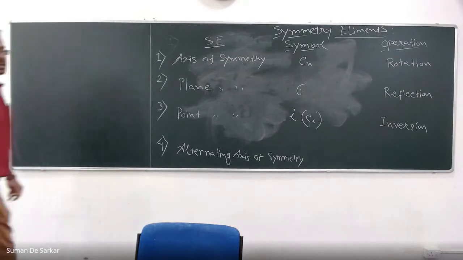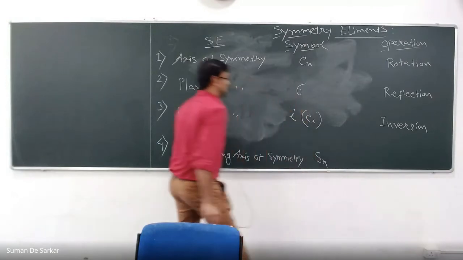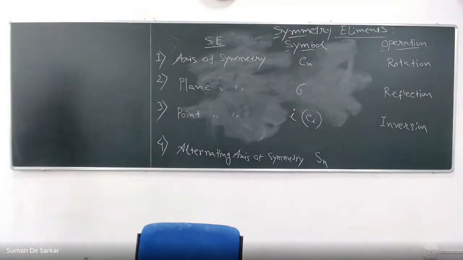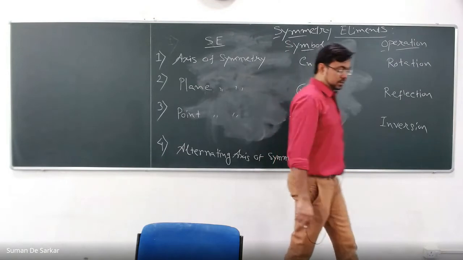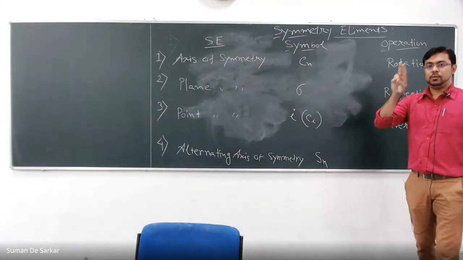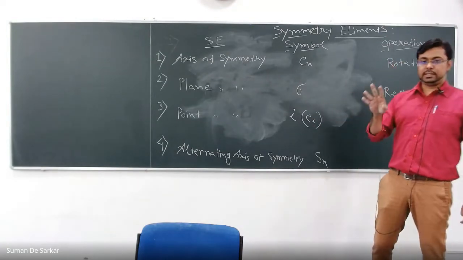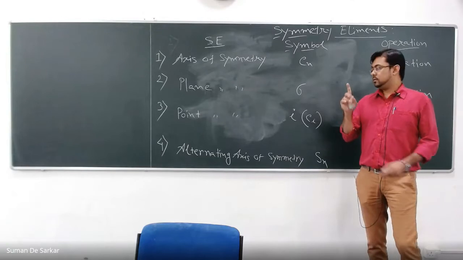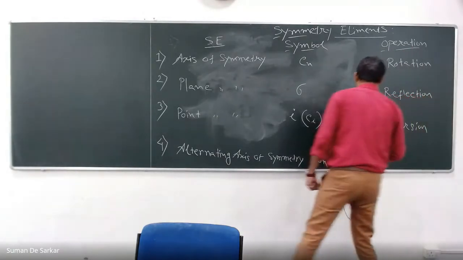The symbol is Sn, like S, but n is in subscript. And here, this particular symmetry element has a pair of operations. Okay, so we have to perform 2 operations to verify whether a molecule is having Sn or not. That is rotation and reflection. Okay.